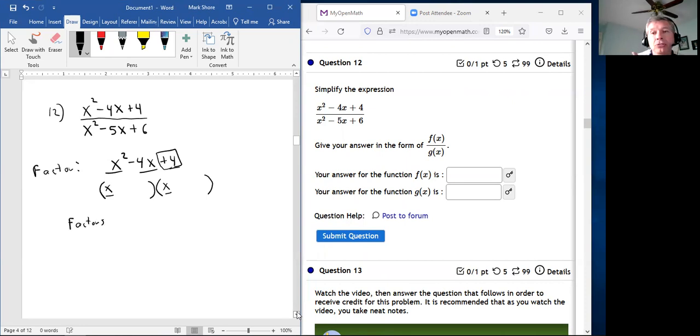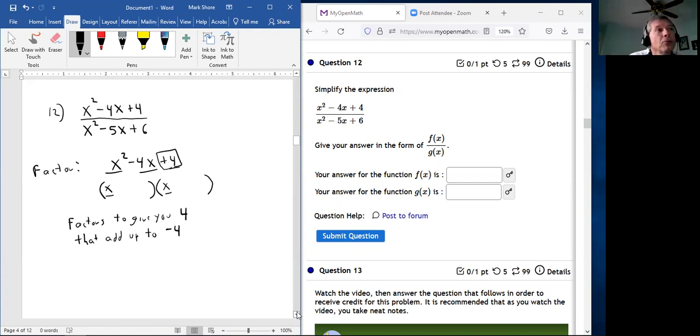And when you say factors, what that's really saying is numbers that multiply together to give you this number, positive 4, that add up to that number, negative 4.